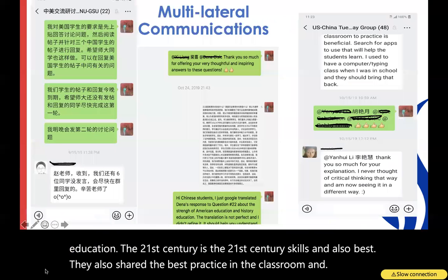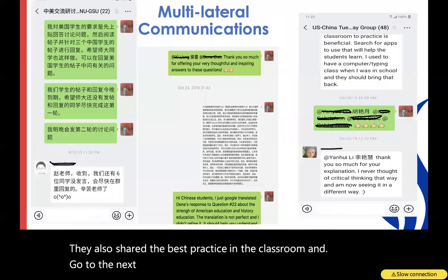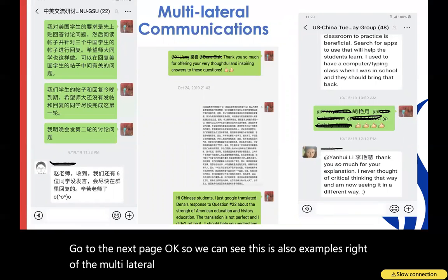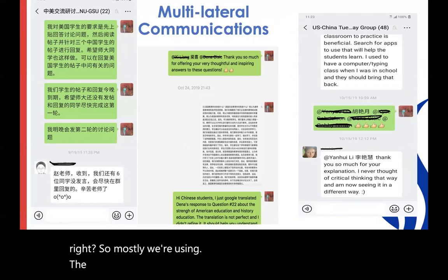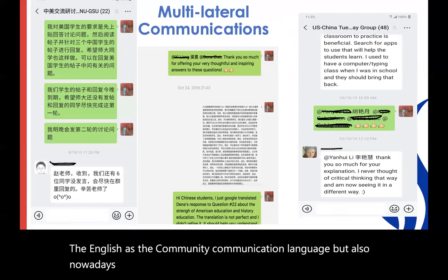Go to the next page. Okay, so you can see this is also an example of the multilateral communications. Because of the language, mostly we're using English as the communication language, but nowadays people can also use the translation function to help translate some words or some sentences, if not so sure, right?